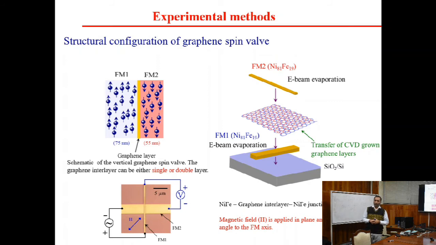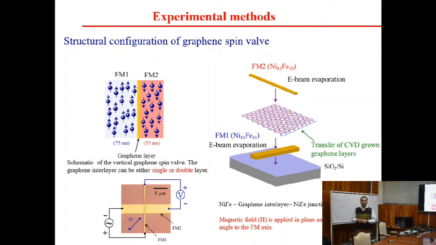The coercivity of those materials is different. If one material is aligned at 0.15 Tesla, the other may be aligned at 0.55 Tesla. You are applying the same field, but the switching point for the top and bottom electrode is different.